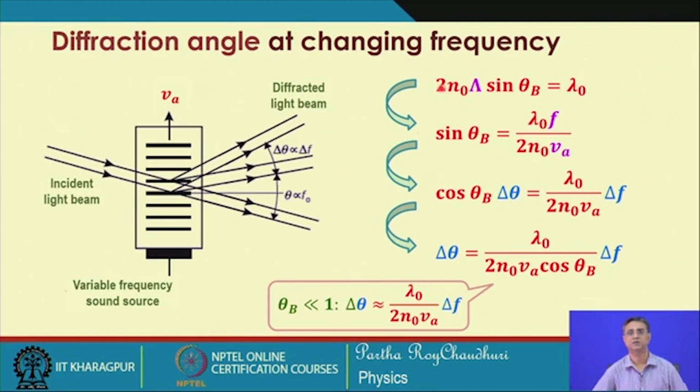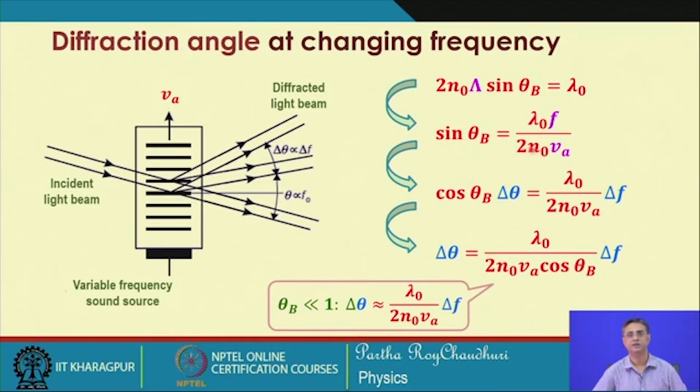This is just the equivalent of 2 d sin theta equal to n lambda, because for Bragg diffraction n equal to 1. From here we can write that sin theta b is equal to lambda 0 over 2 n 0 lambda, replacing the acoustic wavelength lambda by V A by f, we can write this equation.